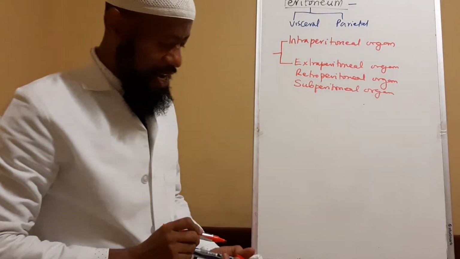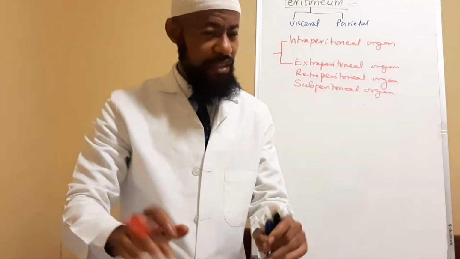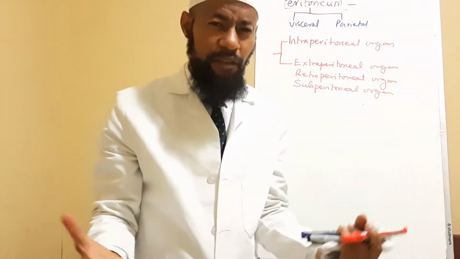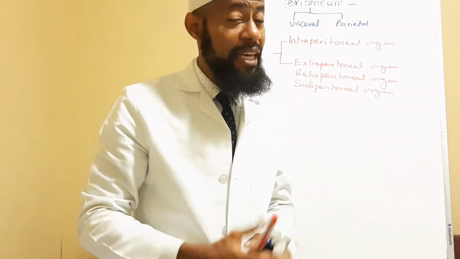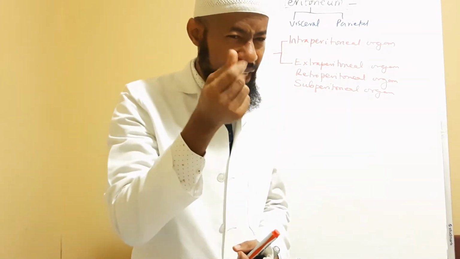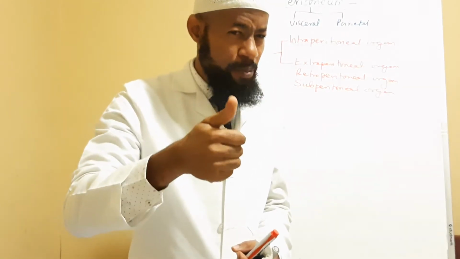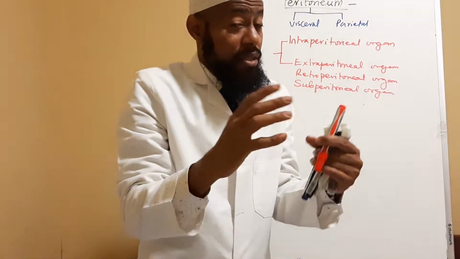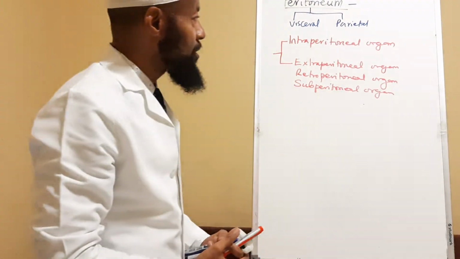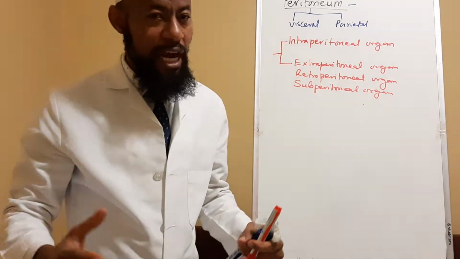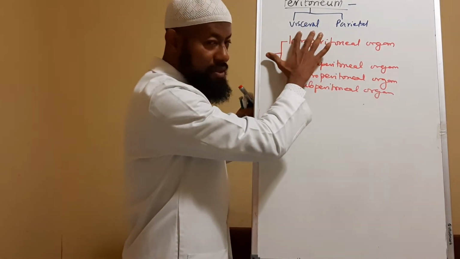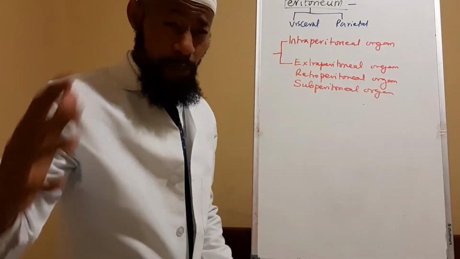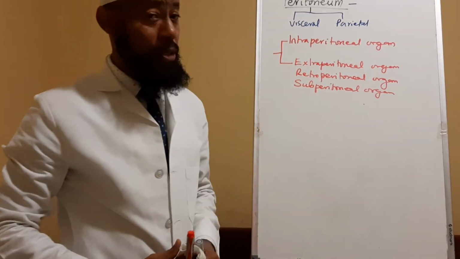Now I want you to see the way I divide this. It's not difficult, it's very easy. Peritoneum. We just talked about the lining of the peritoneum. We say the peritoneum is a continuous, glistening, slippery, transparent serous membrane that is lining the abdominal wall, as well as lining the organs, right? And peritoneum is divided into two types. Those that are investing the organs are called visceral peritoneum, and those that are investing or lining the abdominal wall are called parietal peritoneum.